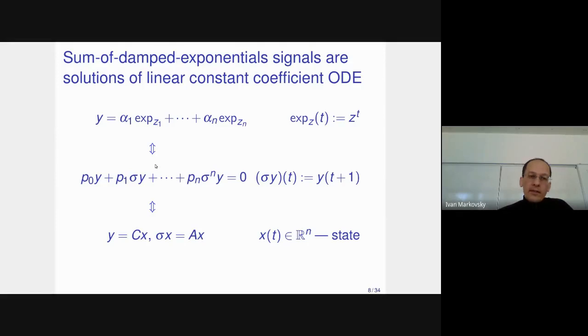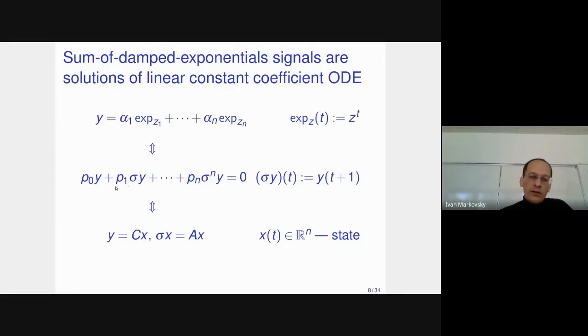Another way to represent the same signal, and that makes links to physics and applications, is to observe that, again, we have a theorem: this sum of damped exponentials signal satisfies a difference equation. So we have a constant coefficient ordinary difference equation that holds true for all the data.